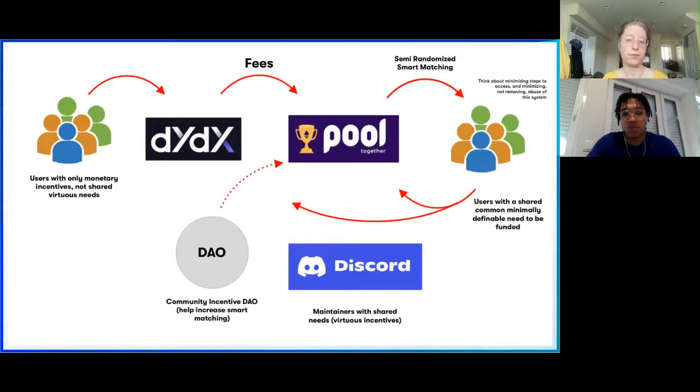If you've looked into PoolTogether, it's really interesting because it's able to maintain a level of funding, and then via compound interest is able to still continue to provide external funding. So now we have a source of funding, a way to pool, and then you can add some sort of semi-randomized smart matching model that can provide funding to maybe those in need first, but at the same time incentivize users of that community to also contribute to that pool.